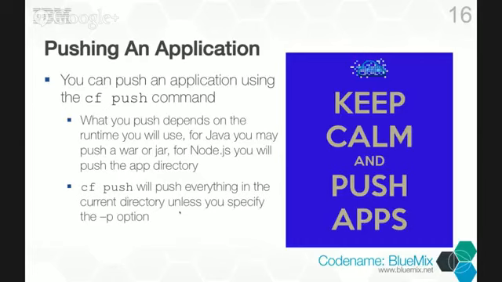So for applications like Node.js applications, this might be what you want. But if you're a Java developer and you don't want to upload everything, you want to upload your compiled code that's either in a jar or a WAR file, you need to tell the CF.